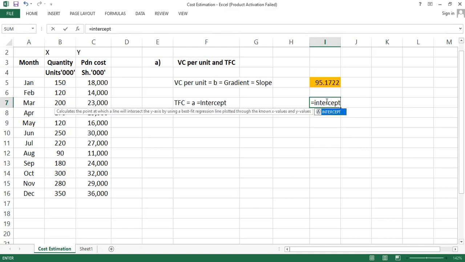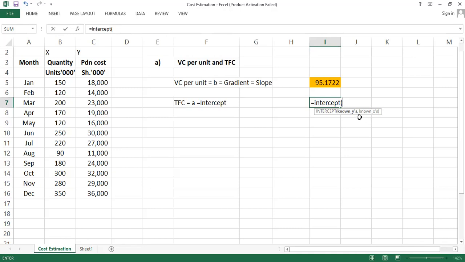So you type equal to intercept, and then you open the bracket. Immediately you have the open bracket, Excel tells you what to do.